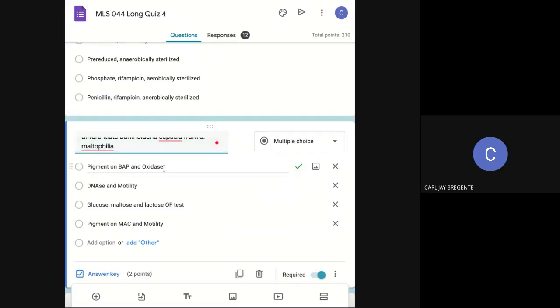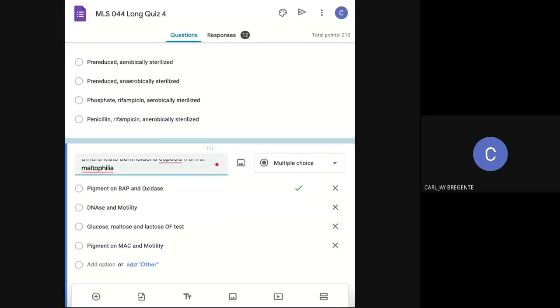Burkholderia cepacia is oxidase positive, while Stenotrophomonas maltophilia is oxidase negative. For DNase, Burkholderia cepacia is DNase negative, while Stenotrophomonas maltophilia is DNase positive.